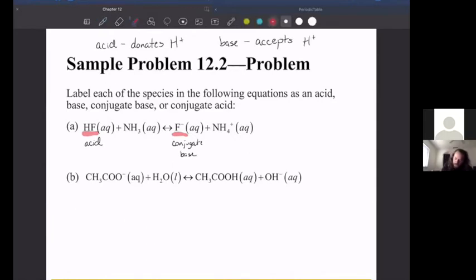Okay. Likewise, in this case, we see ammonia. Follow that on both sides, and we can see that it has accepted a proton. So this ammonia plays the role of the base, and the ammonium ion is its conjugate acid.